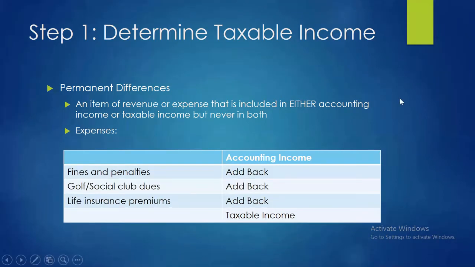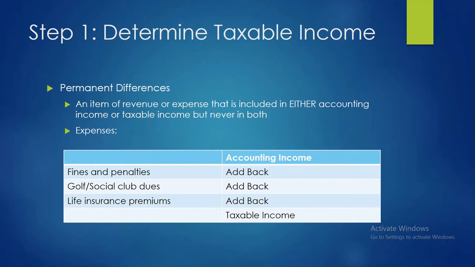So those were revenue items that are permanent differences: revenue either recorded in accounting income or taxable income, but never in both. There are also some expenses that are allowed to be deducted for accounting purposes, but not for tax purposes. An example of that is fines and penalties.